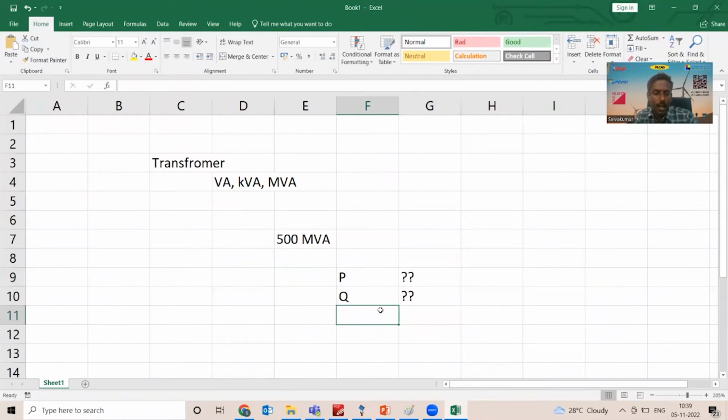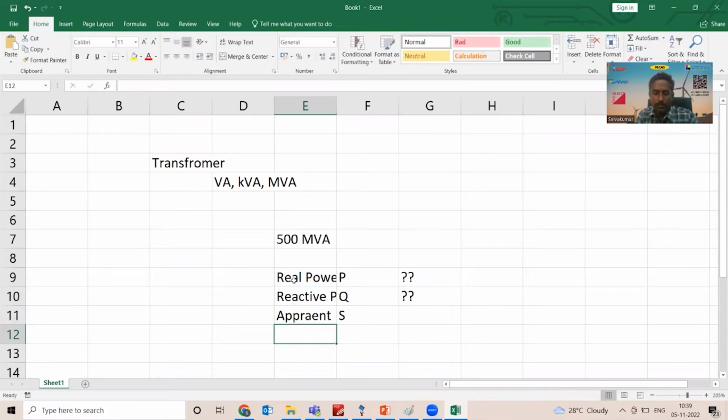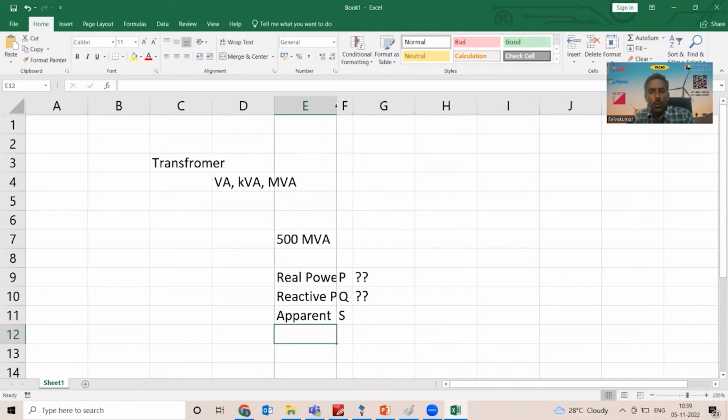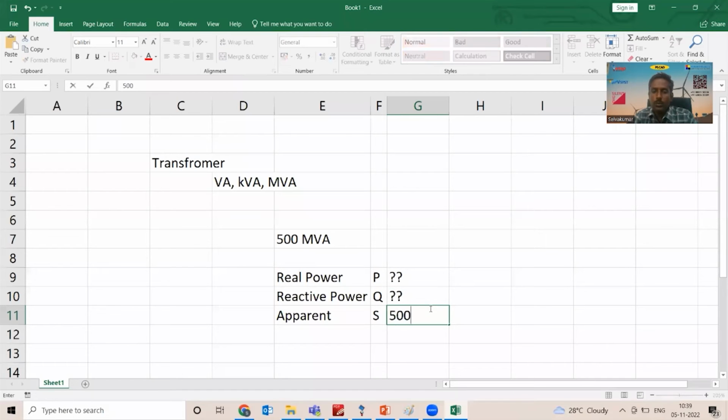S is the apparent power; of course we are very much aware that P is real power in megawatt or kilowatt, and Q is reactive power, and S is apparent power as well. So there is no independent control on P and Q. The only constraint is the apparent power, which is to be 500. That's pretty much it.